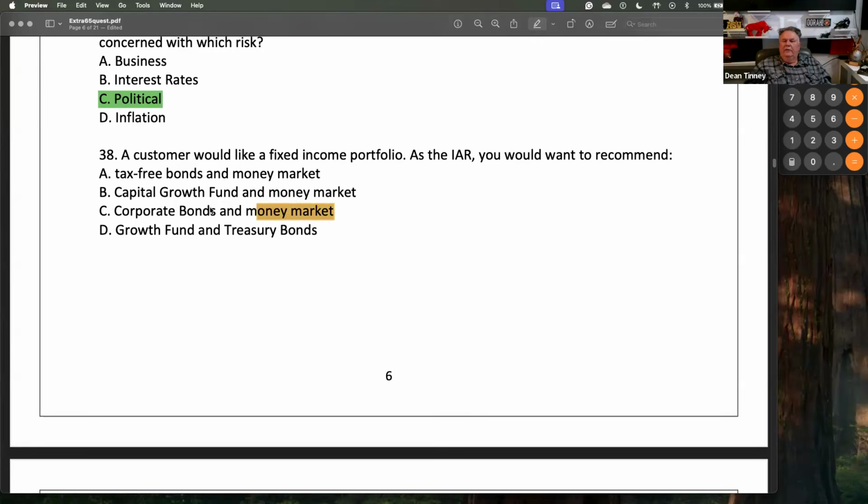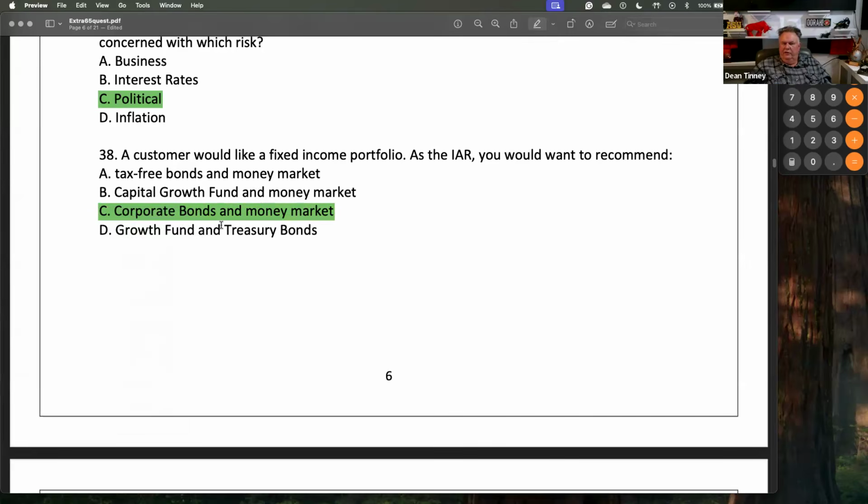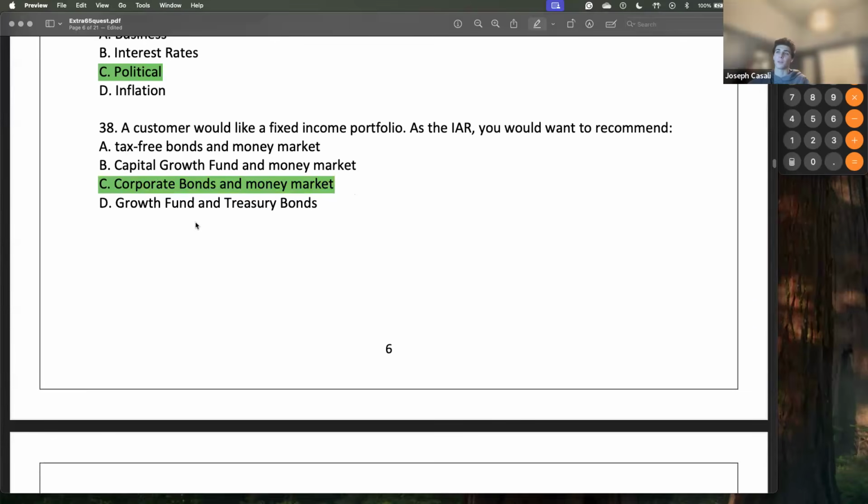Don't ever tell me tax free unless somebody's in a high tax bracket. Don't be bringing stuff into questions that isn't there. That's what I was thinking, A, but there wasn't enough. Be careful. Yeah, that's exactly right.